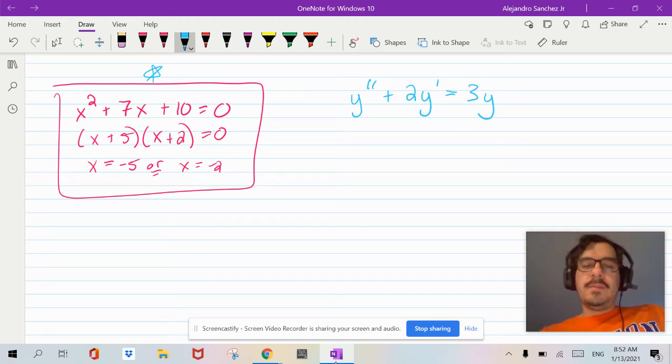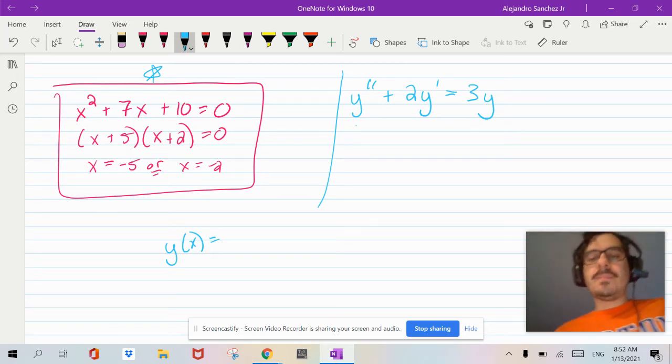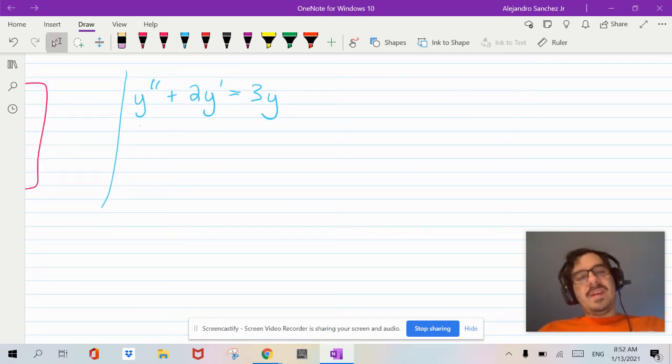Well, in the differential equation, there's a function y of x that, when I take the second derivative and plug it in and add it to 2 times the first derivative, it would equal 3 times the function that we find. And we're going to spend this entire semester trying to solve these types of equations.